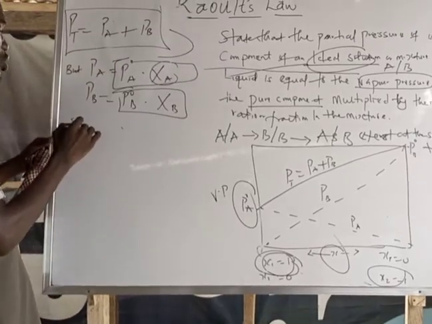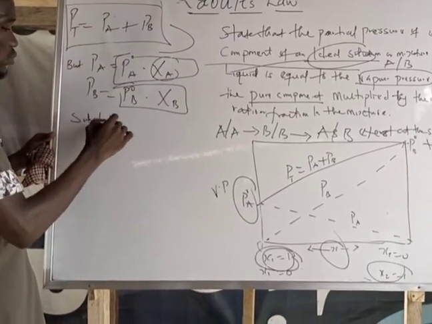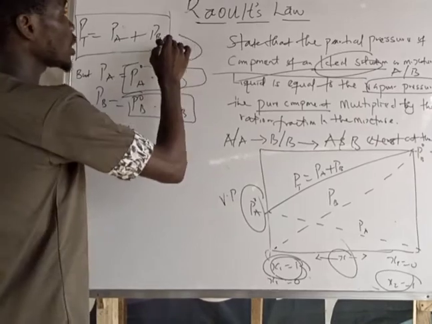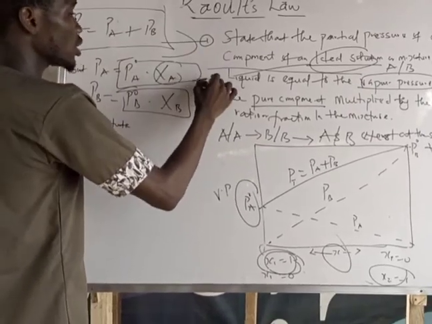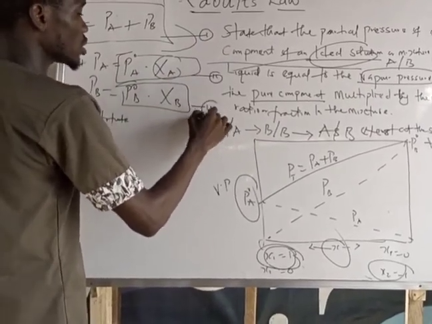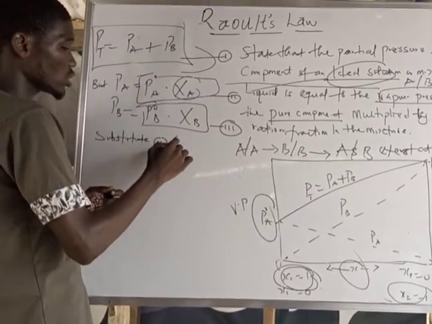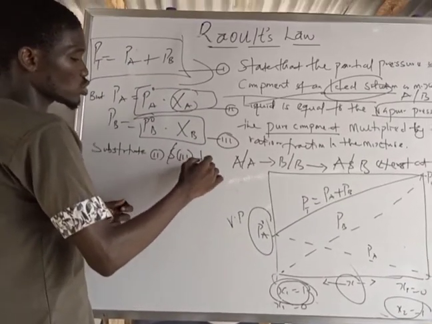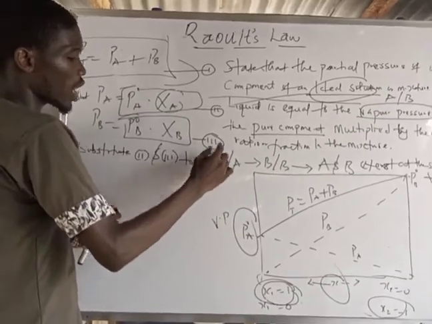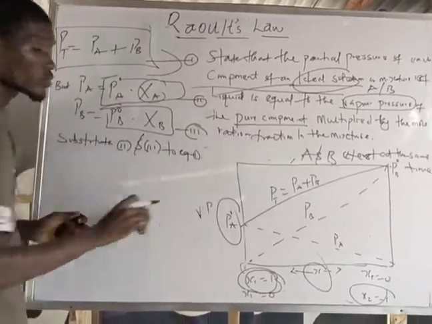So substitute. I call this equation 1, I call this equation 2, and I call this equation 3. So substitute equations 2 and 3 into equation 1. Are you getting it now?